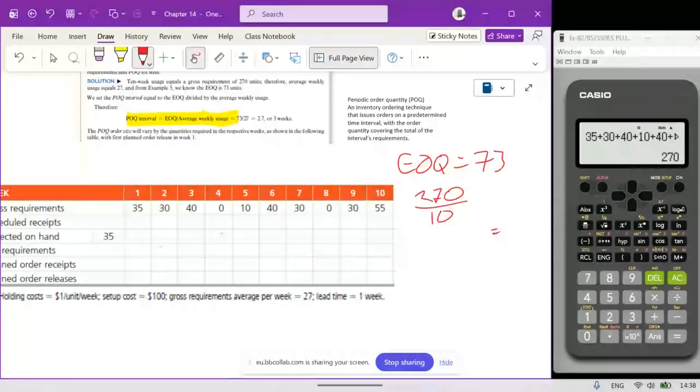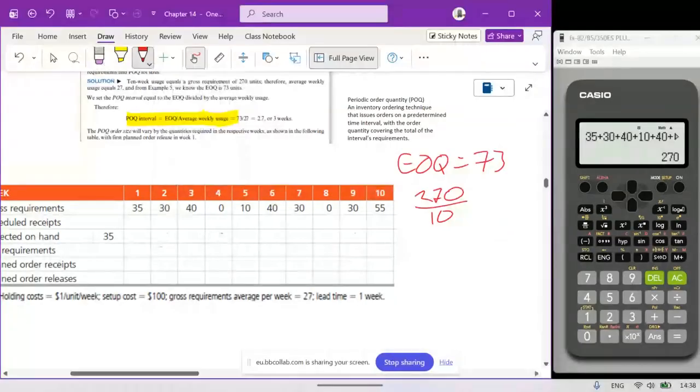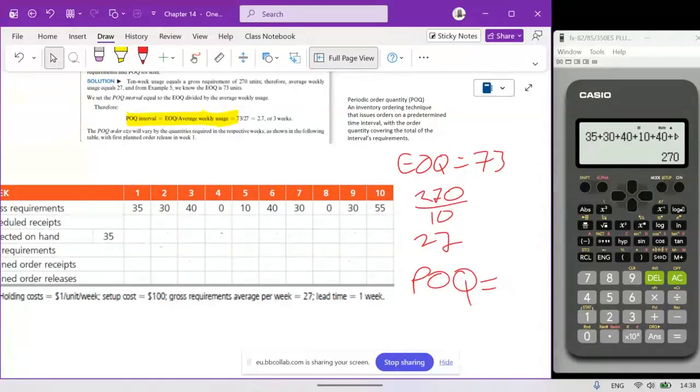Then you get 27. And that is your average weekly usage. So then EOQ is divided by that weekly value. So we're going to write a formula.